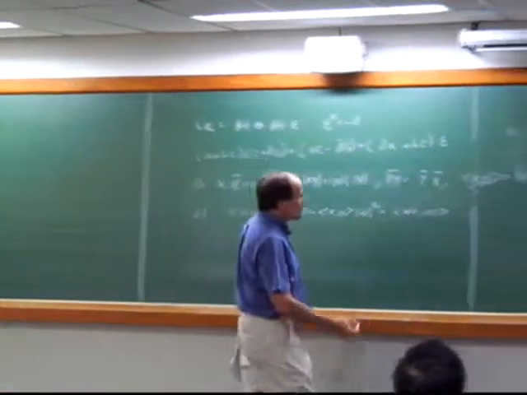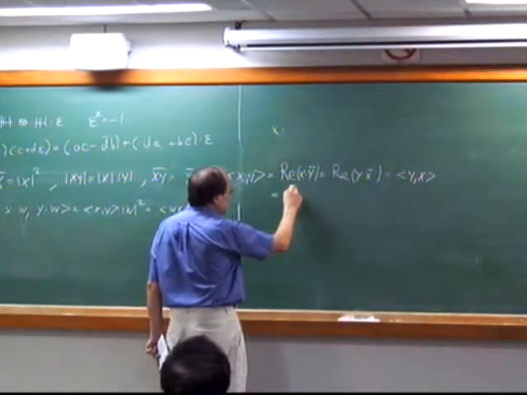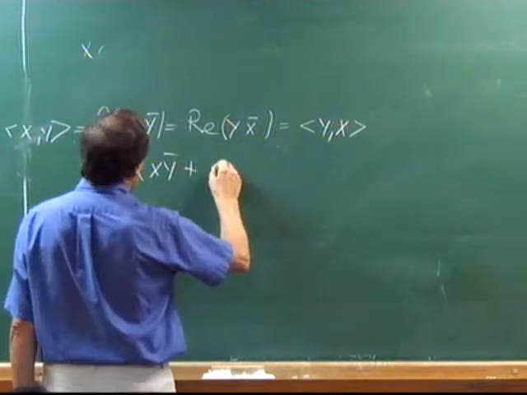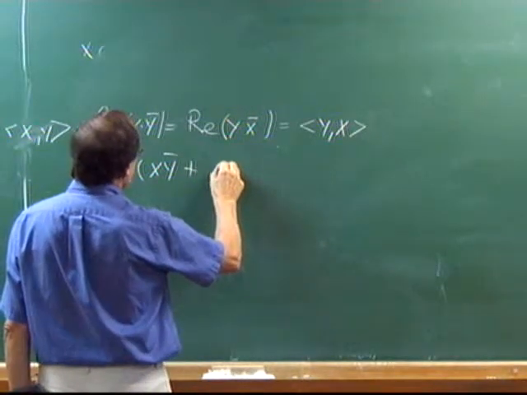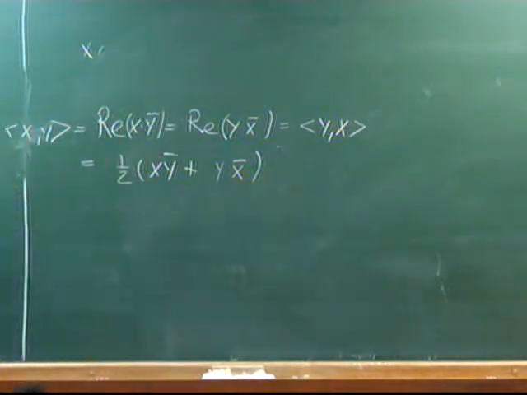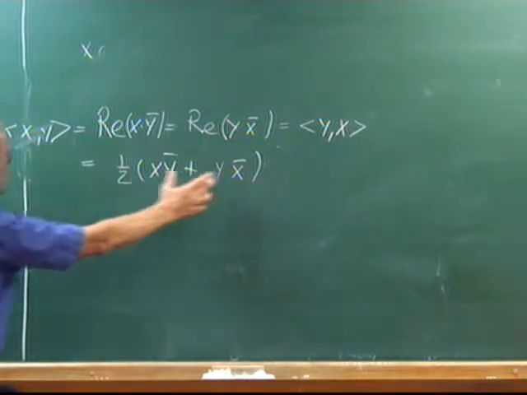So that's how I can compute the inner product. Because I can also write this as 1/2 (x y bar plus y x bar). Right? Because whenever I have a Cayley number, if I add its conjugate, I get the real part of the Cayley number. Just like for complex numbers.